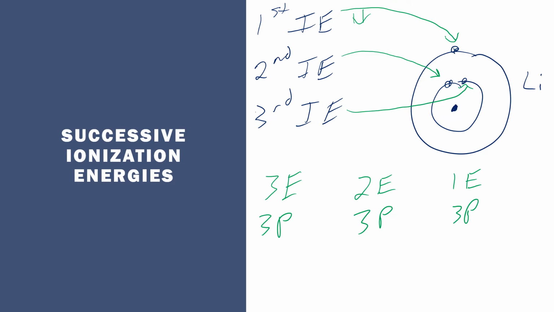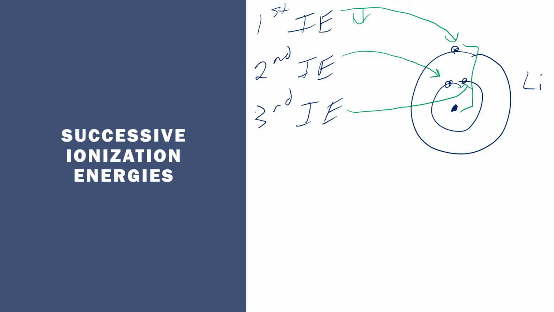There's also another thing at work here, the difference between energy levels, which is another reason I like to look at Bohr models, because it's easy to see. When you're removing an electron from an outer energy level, that's going to take a lot less energy because it has that greater distance. So we're looking at both parts of Coulomb's law. We looked at the size of the charge already.